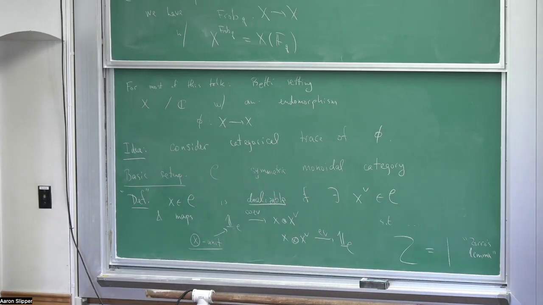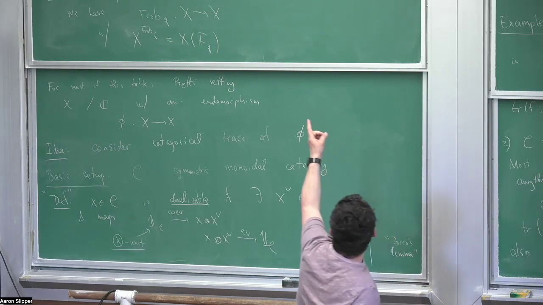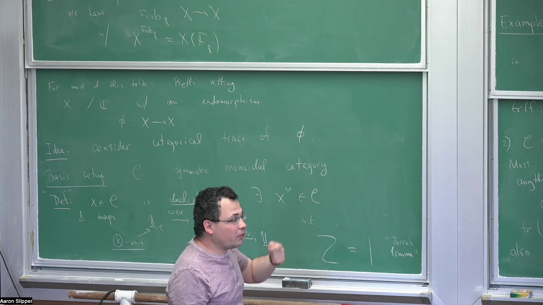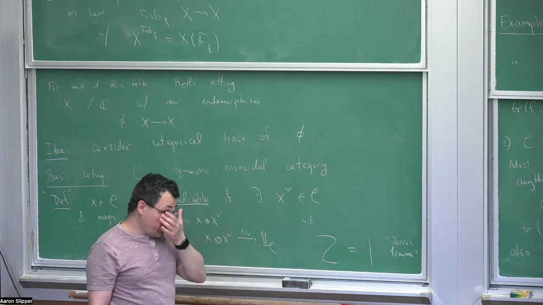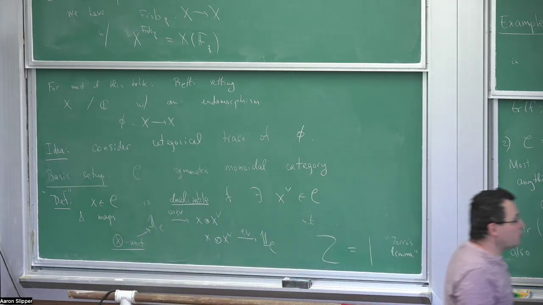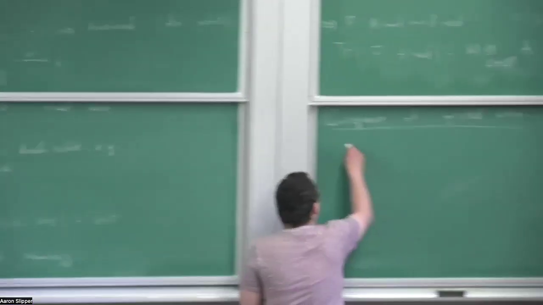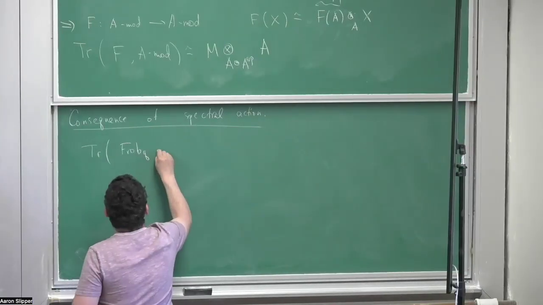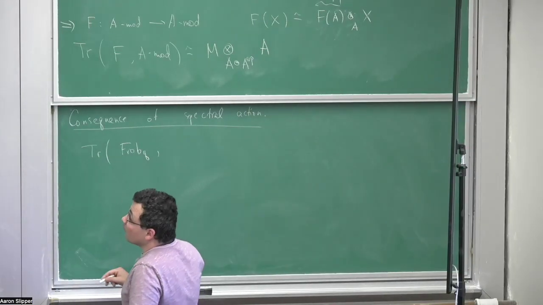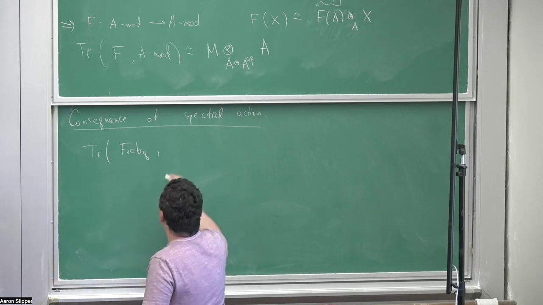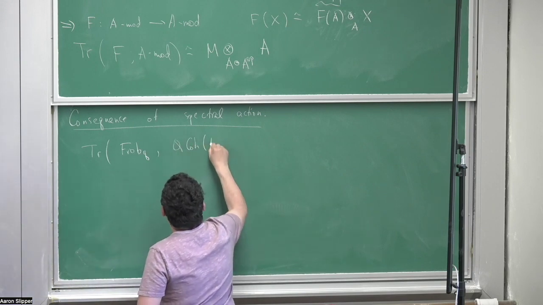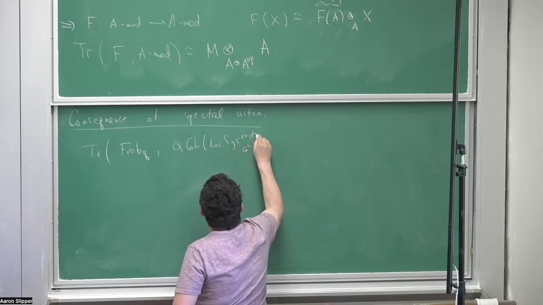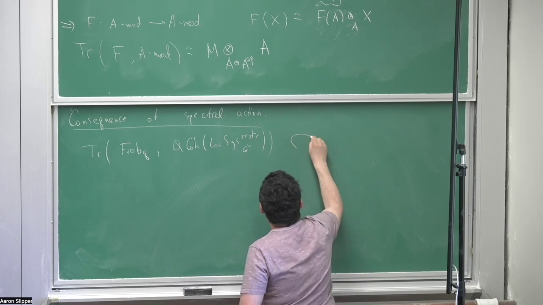In particular, on the left-hand side, on this QCoh restricted, it's not just an endomorphism, it's a symmetric monoidal one. So what we get is this categorical trace of Frobenius_q acting on QCoh restricted.